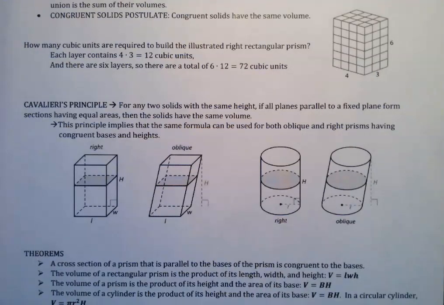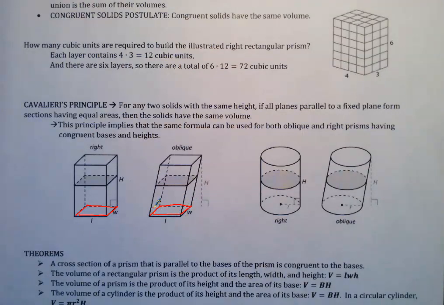So we're comparing the right to the oblique here, whether it's straight up and down or slanted. As long as its base and everything up from there are parallel, it does not matter.